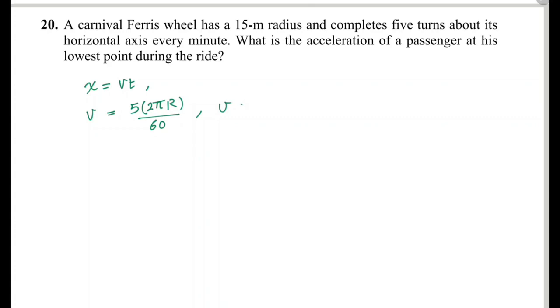So v in this case equals 7.85 meters per second. So a central, or the central acceleration, equals v squared over r, or 4.11 meters per second squared.